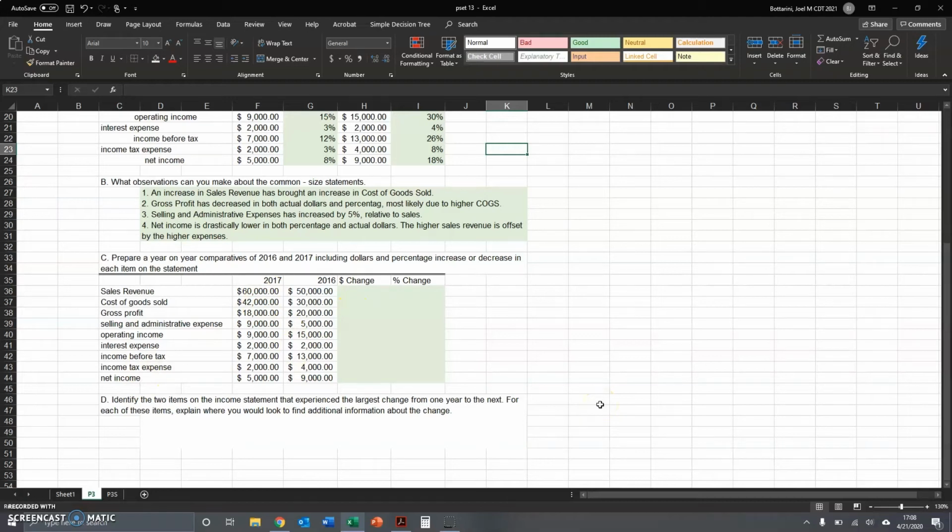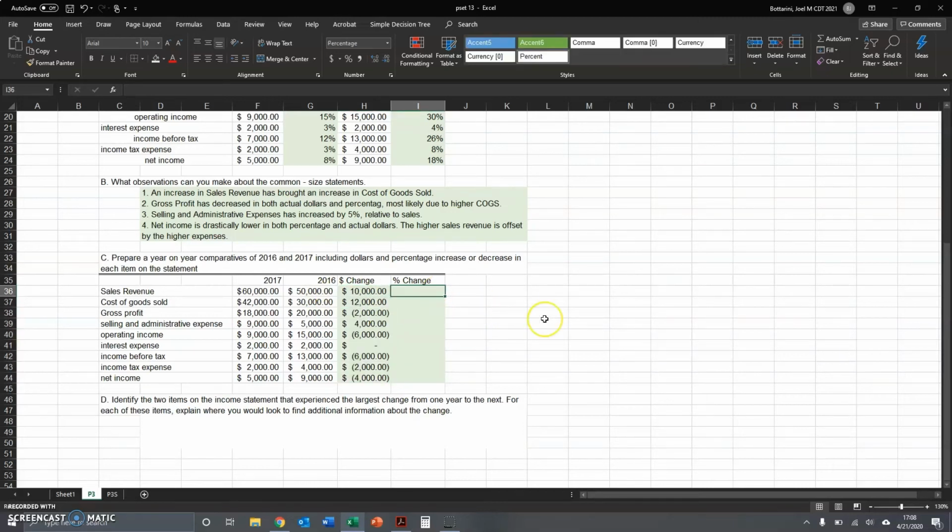But for this particular chart, we are computing the total change in actual dollars from year 2016 to 2017. So to do this, we just subtract year 2016 from year 2017 and drag down and populate for all line items.